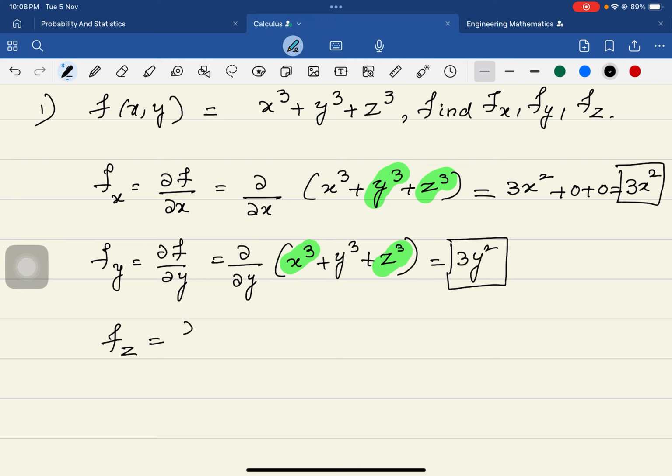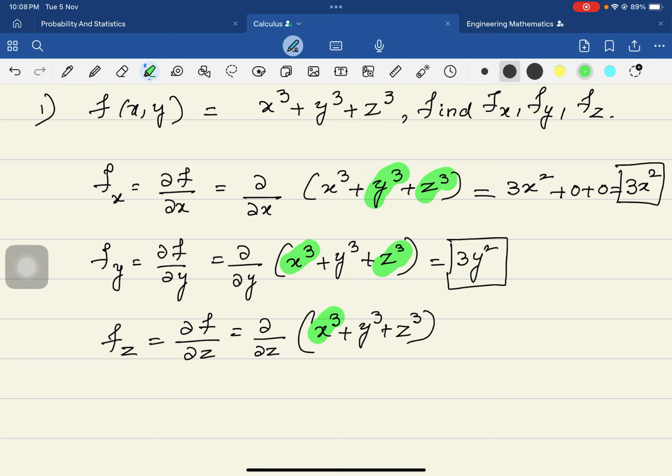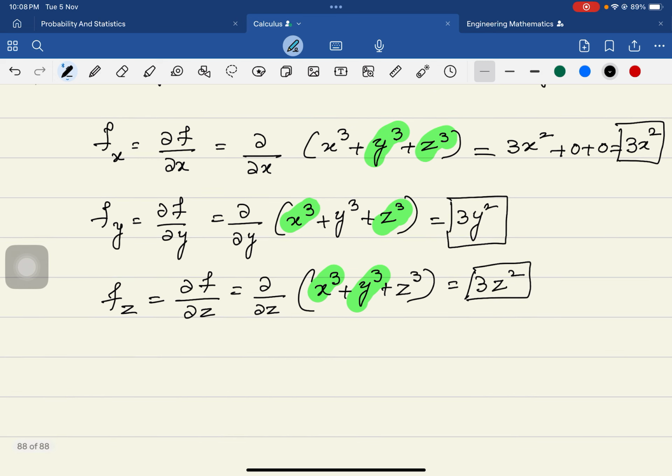Similarly, fz, that is dou f by dou z, is given by dou by dou z of x cube plus y cube plus z cube. So you are differentiating with respect to z. Therefore, the constants are x cube and y cube, and hence the derivative of z cube is 3z square. So this is the way to find the partial derivatives of functions with respect to so and so variables. Let us now take one more problem to understand this concept of partial derivatives of three variables.